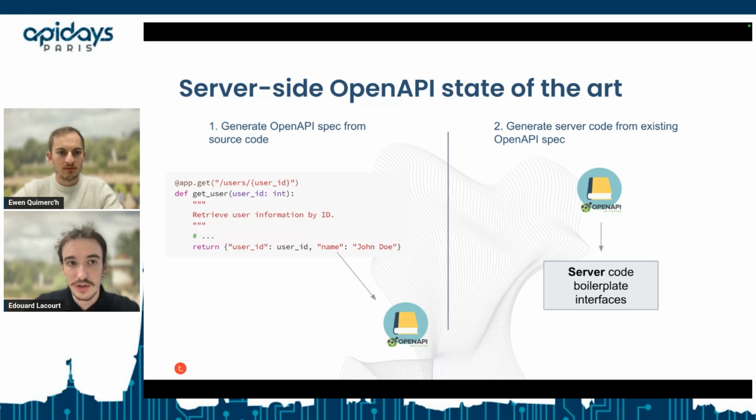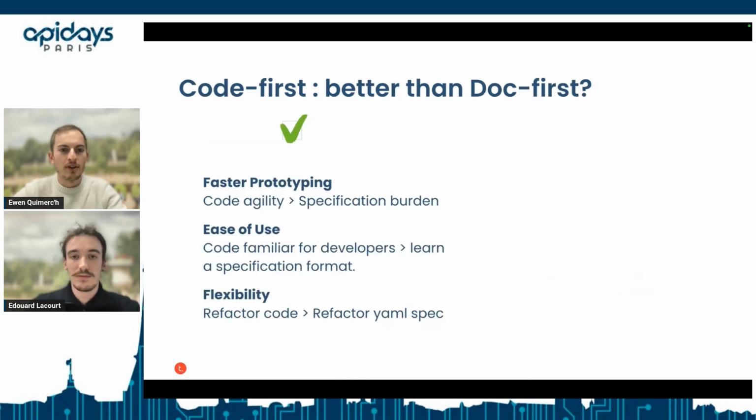But I'll let Ewen explain the difference between both of these approaches. Yeah, so for Fuego, we prefer using the code-first approach. We find it better than doc-first for several reasons. First of all, it's faster to prototype because you're not focusing on just a specification file. You're really coding, which is faster to iterate on than changing a specification document.